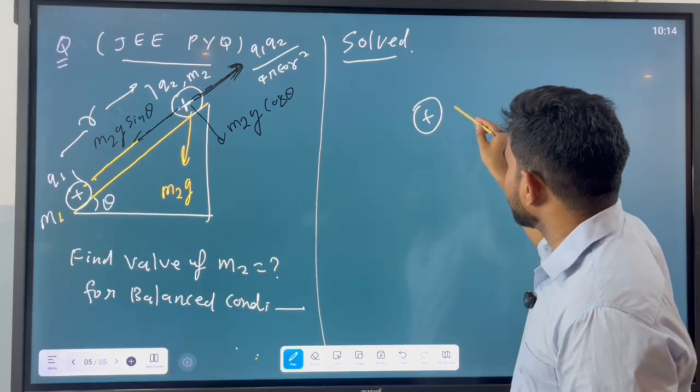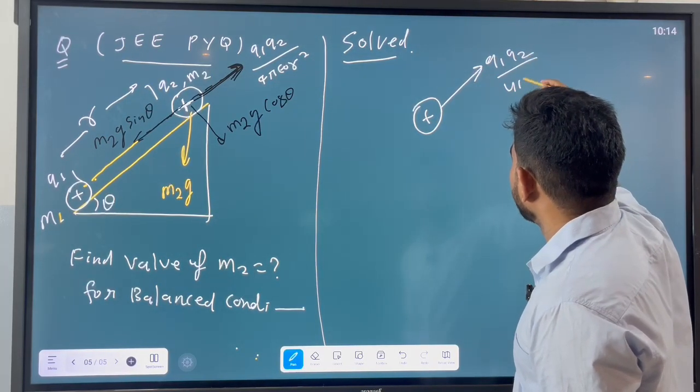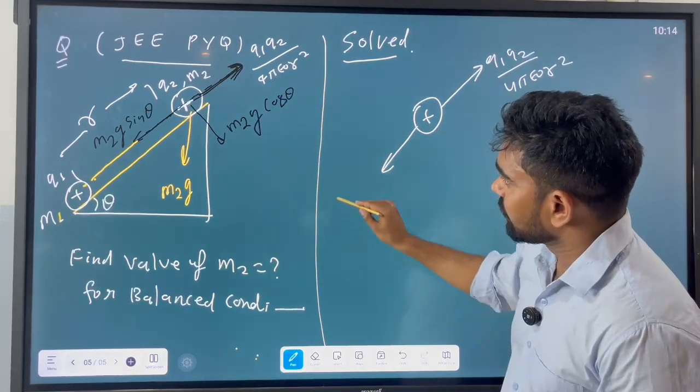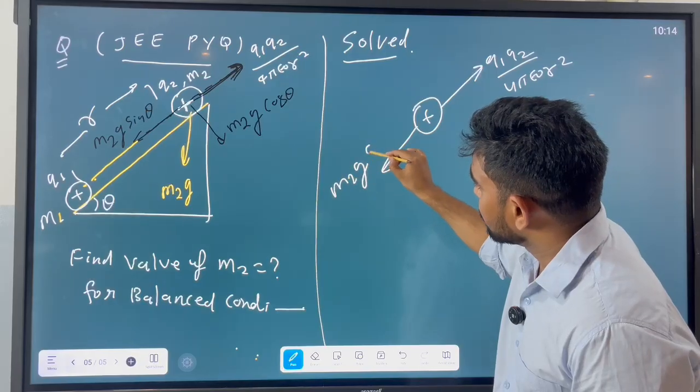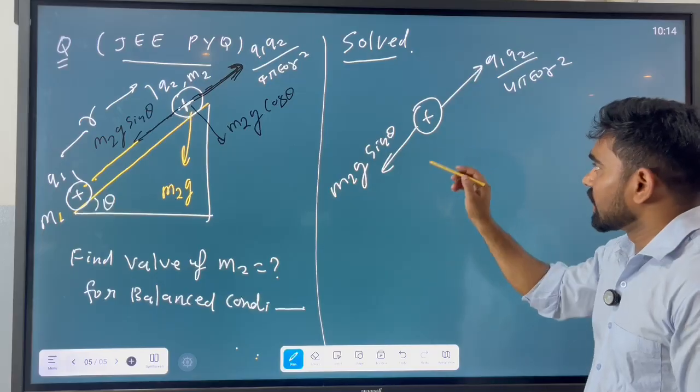This is the FBD of charge q2, with q1 q2 over 4 pi epsilon naught r squared along this direction and m2 g sin theta along the other.